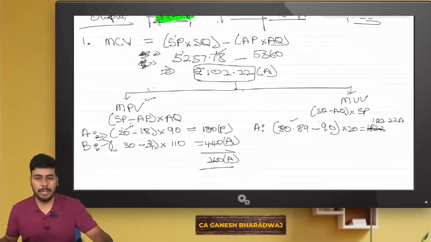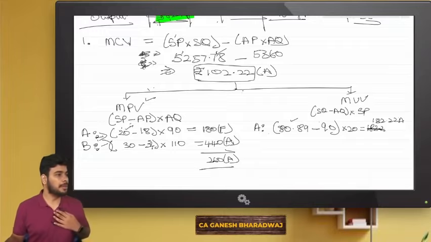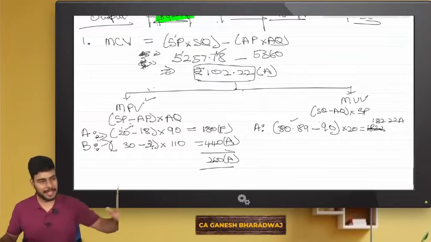Adverse, correct? You rounded off. That's why I said don't round off. 182.22. Fine. You're getting the same answer.